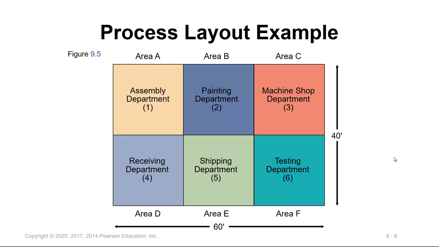Is this the best layout? Could the layout be more efficient with lower cost? So we're going to calculate the handling cost based on the number of loads moved between the departments and see if that design can be changed to be more efficient and to lower the cost.